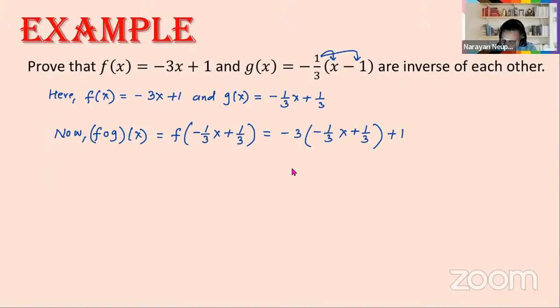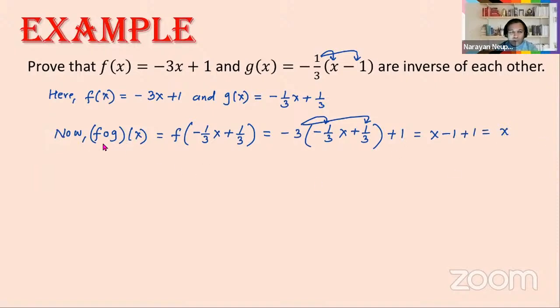If we distribute that negative 3, negative 3 times negative 1/3 is positive 1 times x. That's a positive x. And then if I multiply here, negative 3 times positive 1/3, that will be negative 1. And outside the parenthesis, we have a plus 1. So that is equal to x. So f o g of x is equal to x.